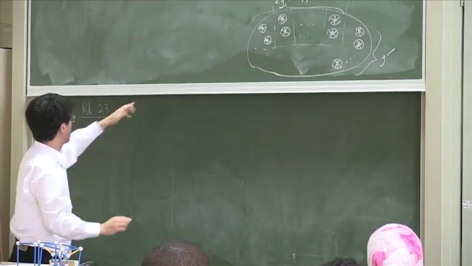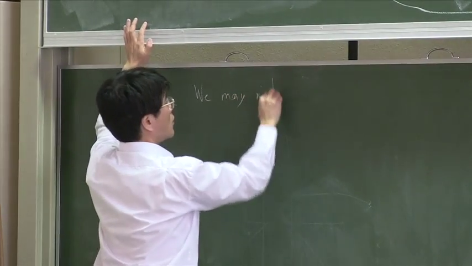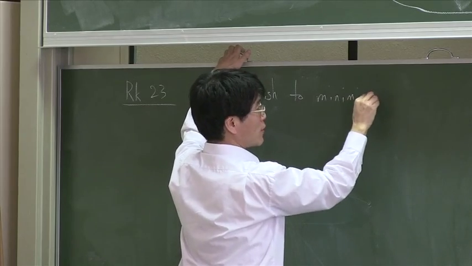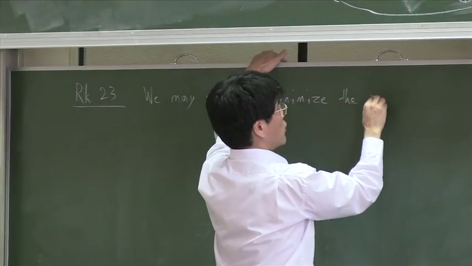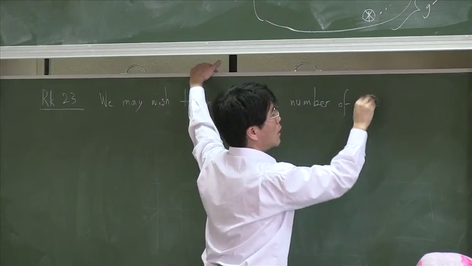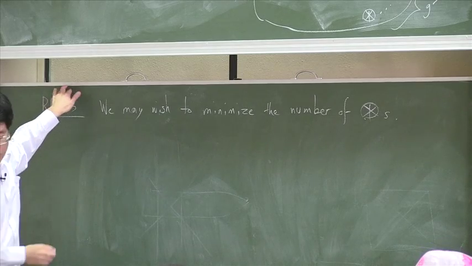So we may wish to minimize in each representation of a surface the number of movie strips, in which case what you get is as follows.